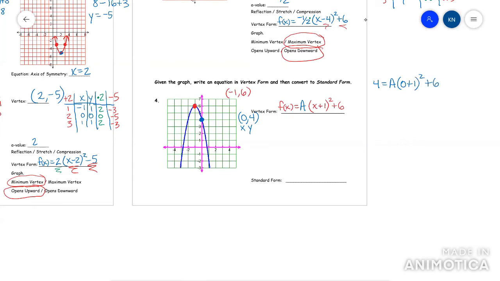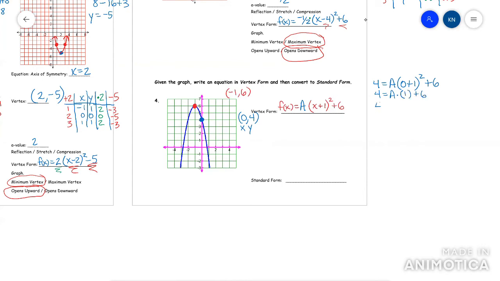All I did was I replaced f of x with what I wanted my y value to be, 4. And I replaced the letter x with what I wanted my x value to be, which was 0. All right, now just do the algebra and solve for a. So 0 plus 1 is 1. Square it, that's 1. So this is like it says 4 equals a times 1 plus 6.